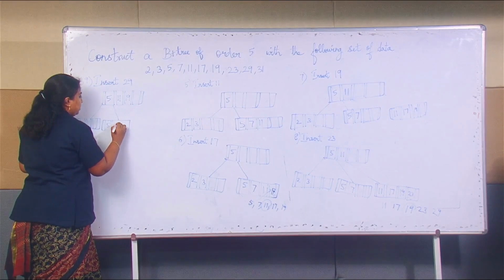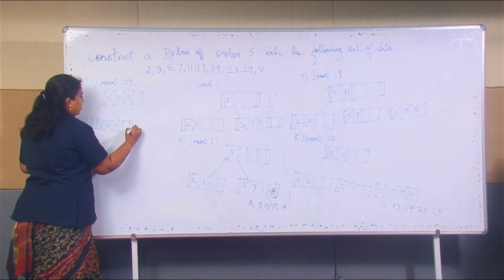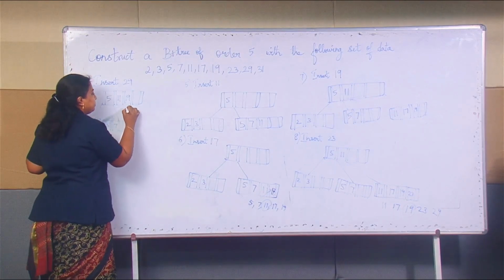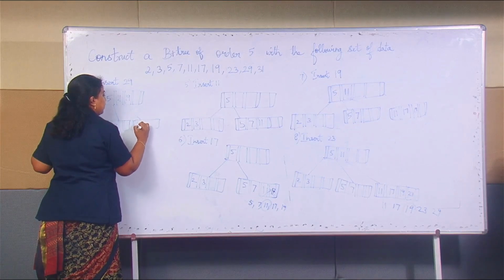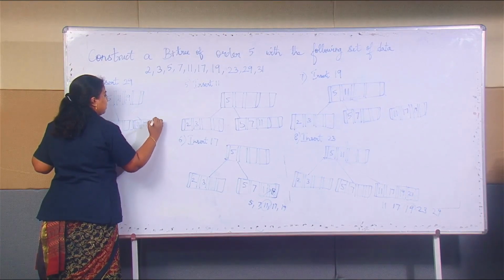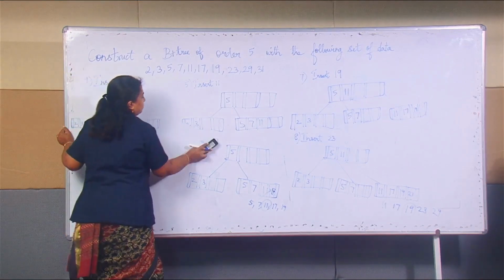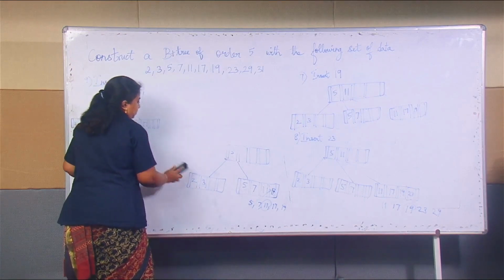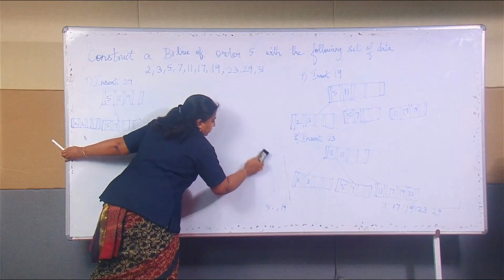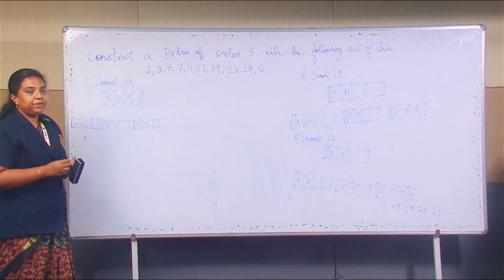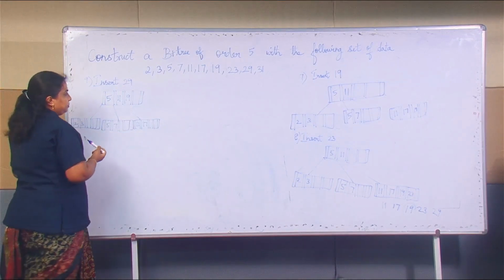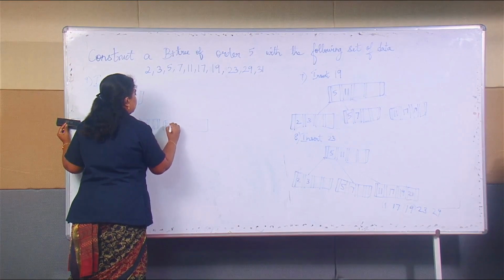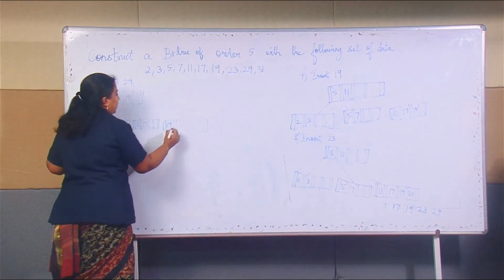Then between 11 and 19, we have 11, 17. Then after 19, we have 19, 23 and 29.